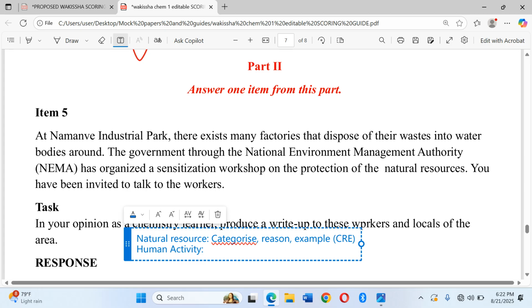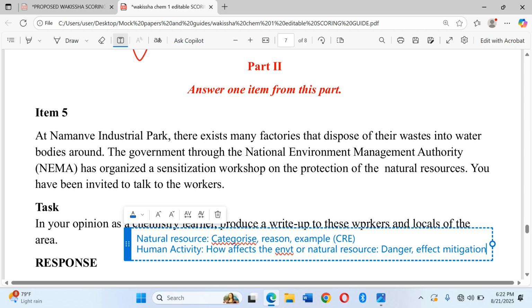After identifying this human activity, tell us how it affects the environment or natural resource, and what do you need to give? You give its danger, its effect, and then you give us the mitigation.